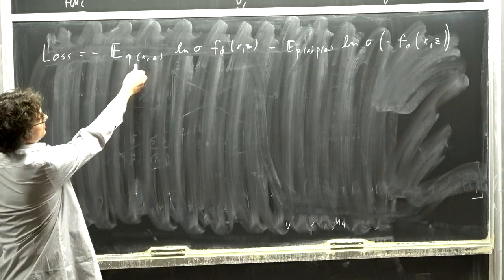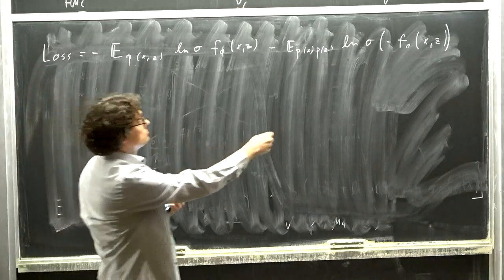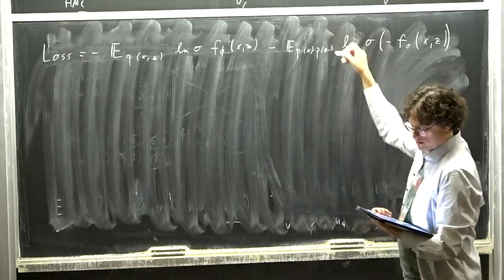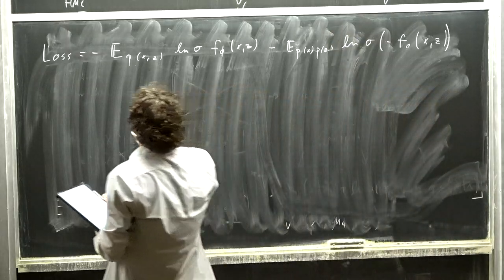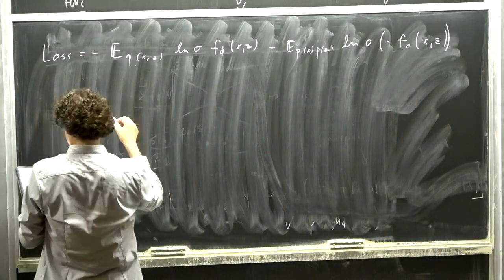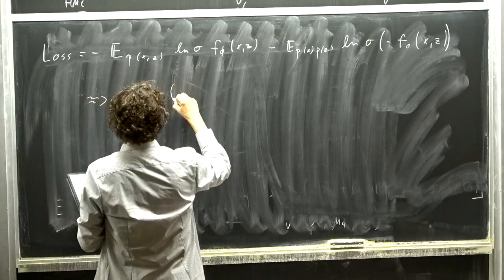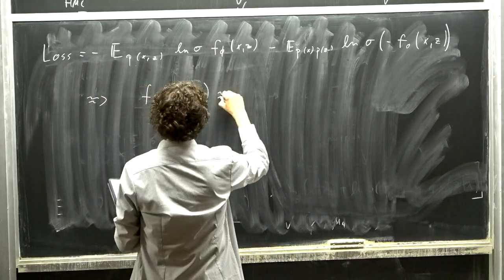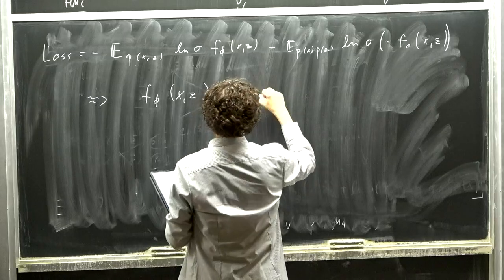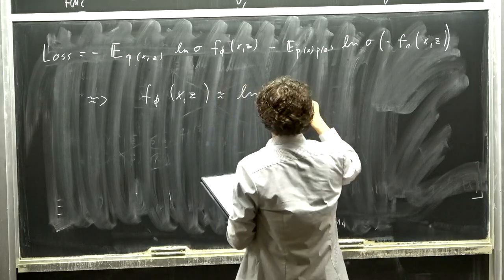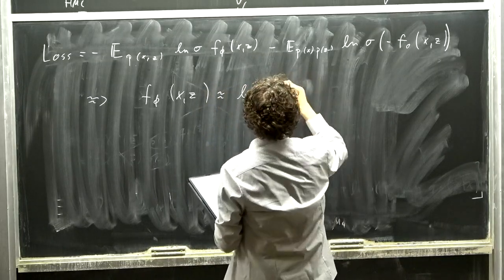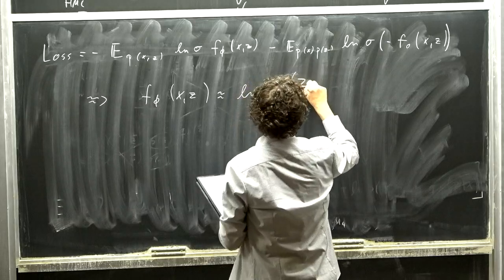So for class 1, it's the joint distribution. For class 0, it's the marginal distribution. And what one can now show is that if one minimizes this loss, then the network starts to approximate the log of the ratio that we are interested in. So let me write this explicitly again.